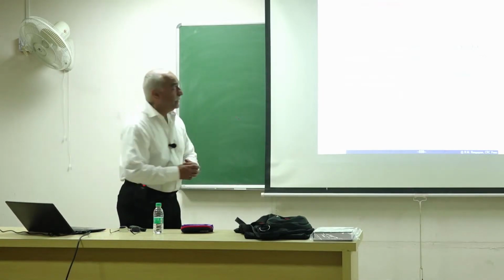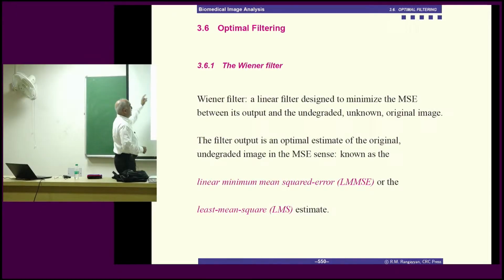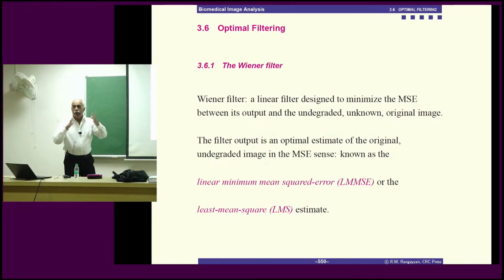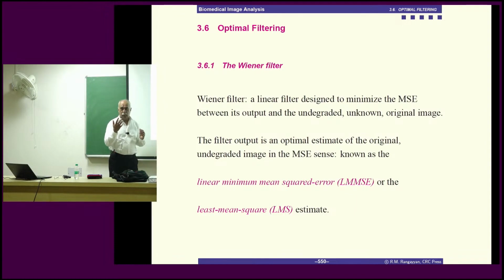The Wiener filter is a linear filter designed to minimize the mean squared error between the output and the input, which is not known. You have a distorted or some representation of the input that you obtained. It was degraded somehow, and you want to estimate the original.